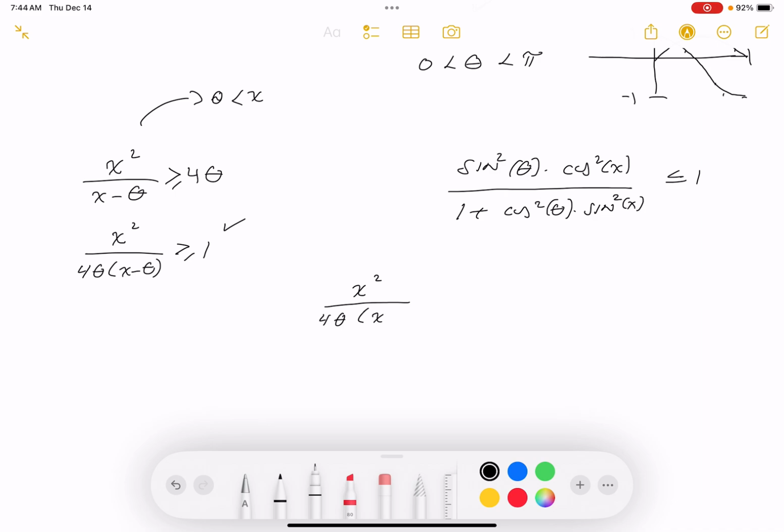When are these going to be the same thing? For what value of x will these be the same thing? And let's write this over here: sine squared theta cosine squared x over 1 plus cosine squared theta sine squared x. I'm sorry, x. I made a mistake there.